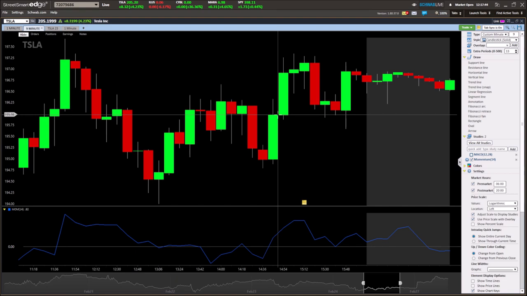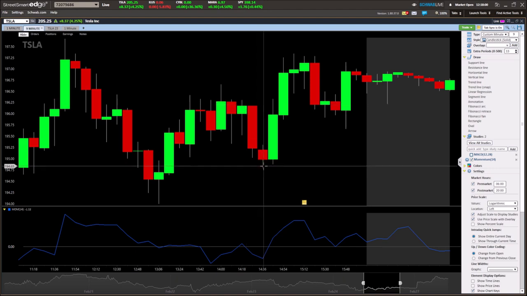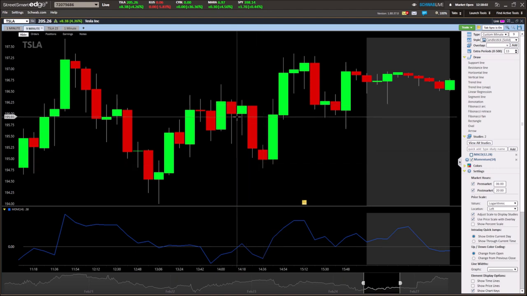My profit exit would be as soon as that candle finishes printing. As soon as it closes, take profits. Doesn't matter what it is. You know why you would want to do that? Because look at this. If you had continued to hold here, it would have just gone against you and come down almost a dollar, about $1.30. So that's my profit exit.